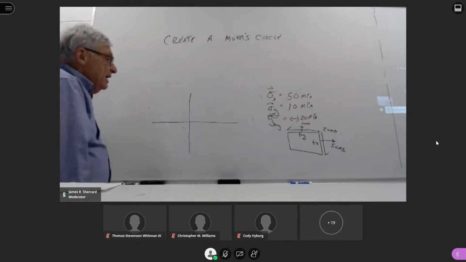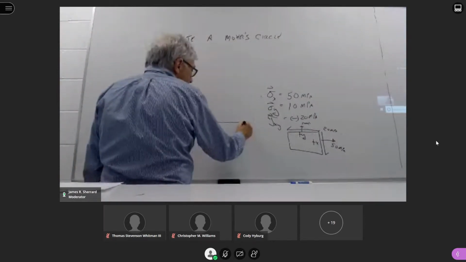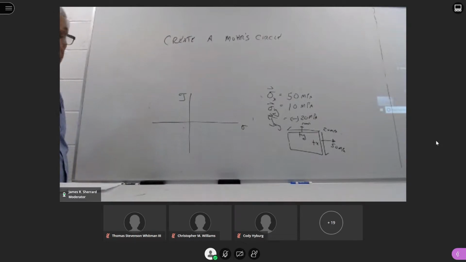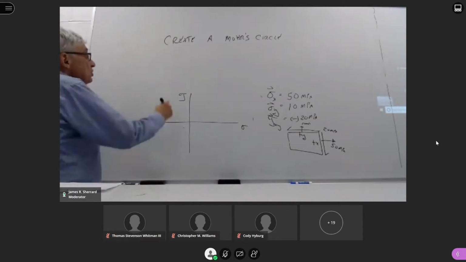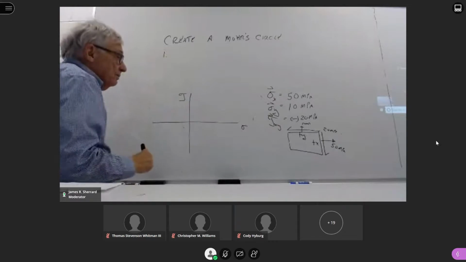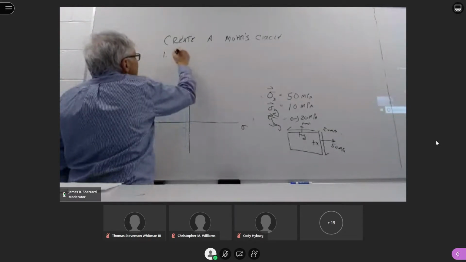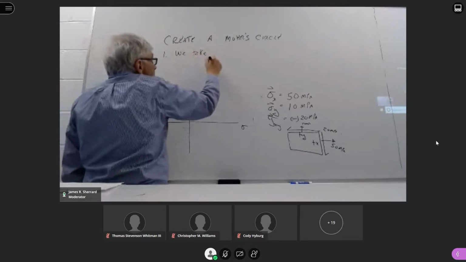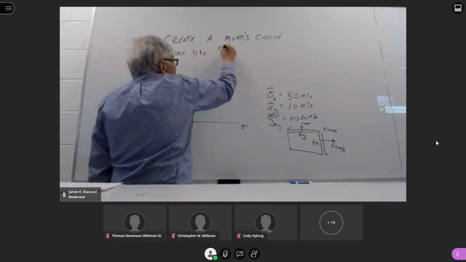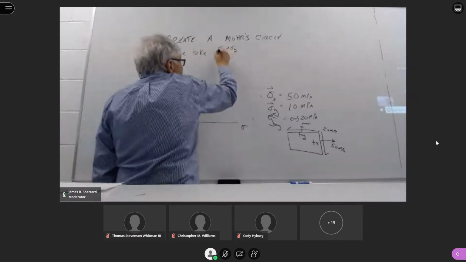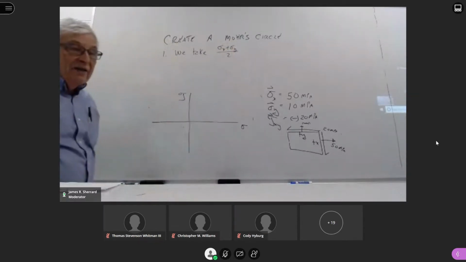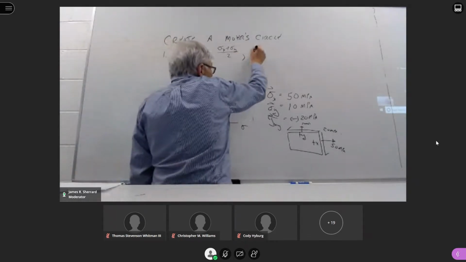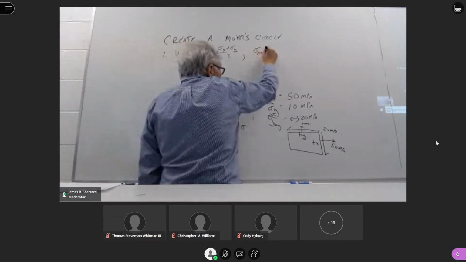This is the X and the Y, except this is going to be plane stress and shear stress. Okay? So what we do is we take sigma X plus sigma Y, we add those two together, divide by 2, and this creates sigma average.